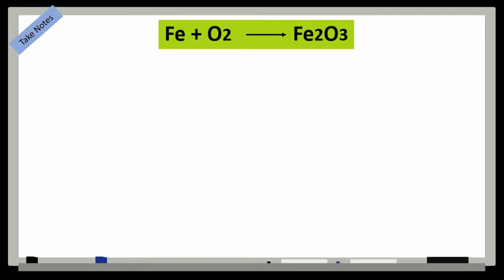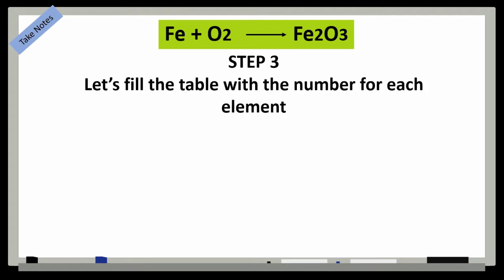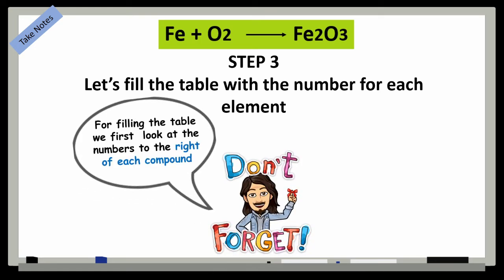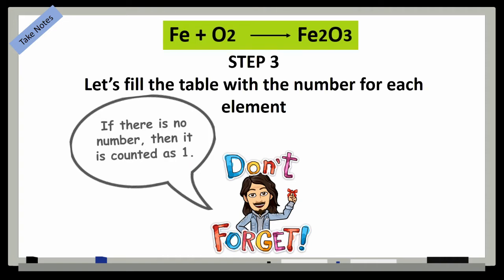Proceed to the next step, and that is we'll fill out the table with the number of each element. Just keep in mind how we look at the numbers. The smaller numbers, what we call subscripts, belong to the elements. In case there's no number, it is 1. Now let's start filling the table.